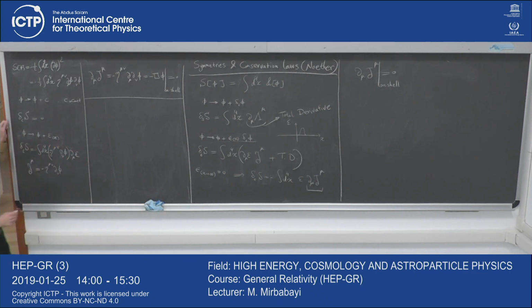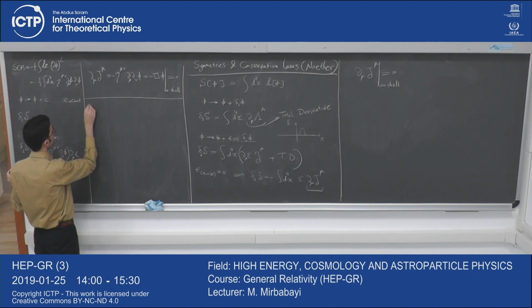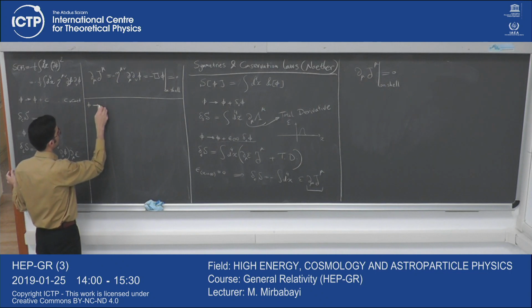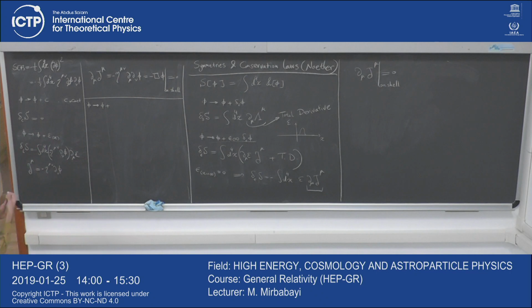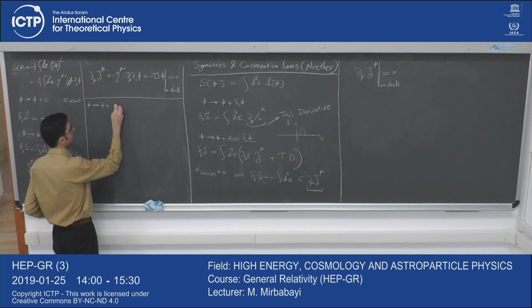A less trivial symmetry of this action is if we do a space-time translation. It is invariant under space-time translation, which is the following: a uniform space-time translation whose parameter I call a mu.